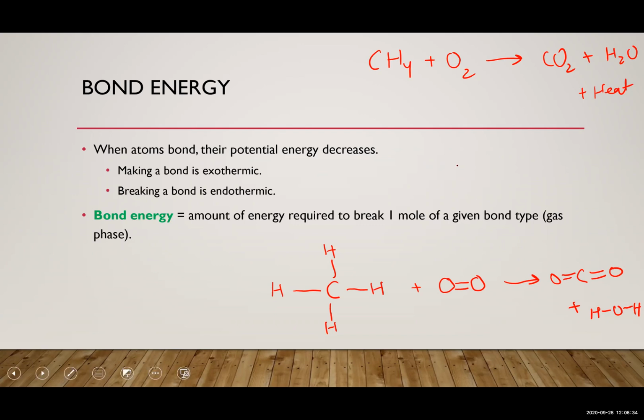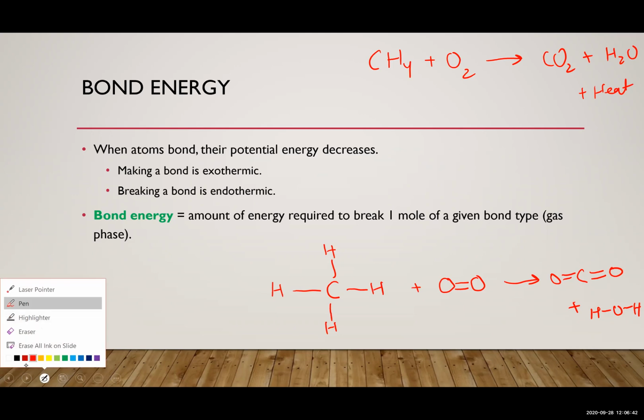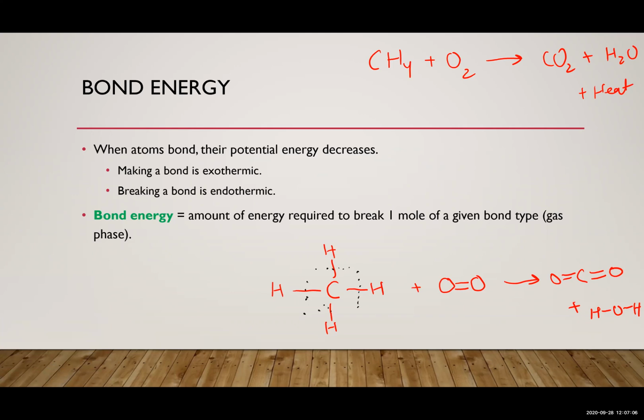Now, in order to complete this reaction, let's look at the reactant side. In the reactant side, carbon is bonded with hydrogens, right? In the product side, carbon is bonded with oxygens. So in order to complete this reaction, what do we need to do? First we need to break this bond, then we need to break these two bonds.